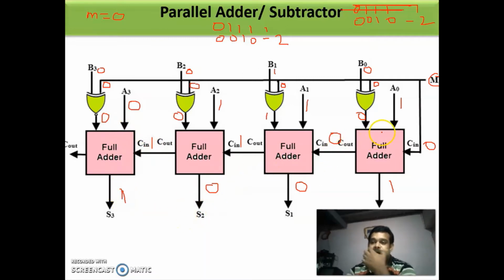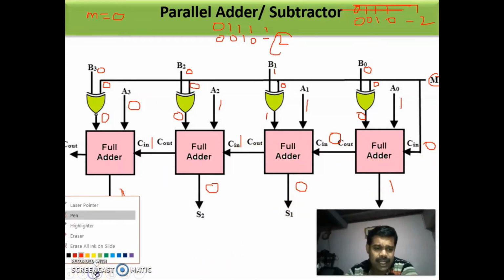So when M is equal to 0, the addition operation is taking place. This 0 1 1 1 is 7 and 0 0 1 0 is 2, so 7 plus 2, 9 you have to get. 1 0 0 1 is 9. So when M is equal to 0, it is performing addition. It is clear, no doubt.